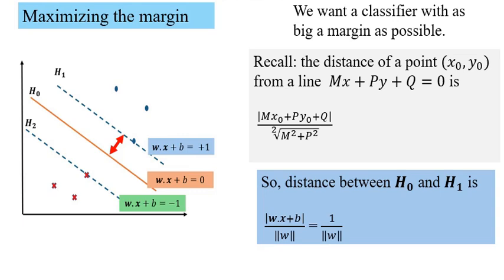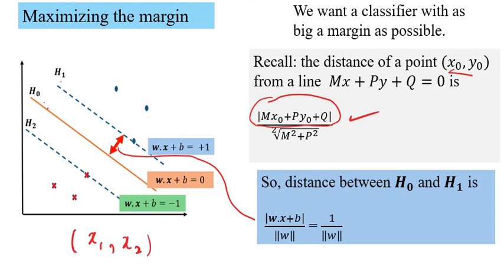this boundary. So we just recall that the distance of a point x0, y0 from a line is given by this computation. So the distance between H0 and H1, this distance, is given by, here the dot product of W and X is equivalent to what we had written here, because X would be having two components, X1 and X2.